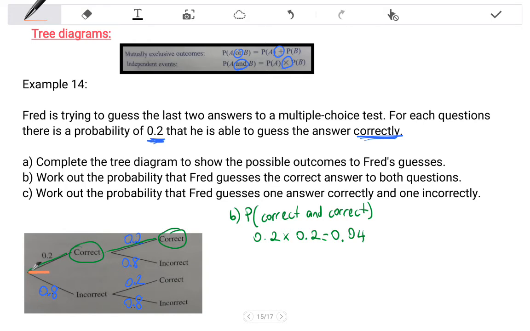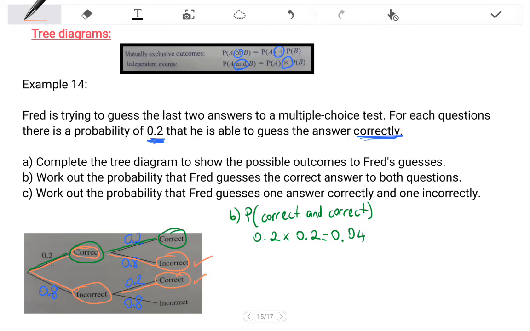For the first answer, let's follow with an orange color, we have a correct answer, then followed by an incorrect one. So this is a desired outcome. Another may be guessing the first one incorrect, followed by a correct answer. The second one is a correct answer. This is another desired outcome.